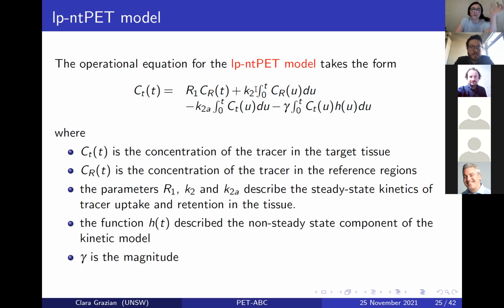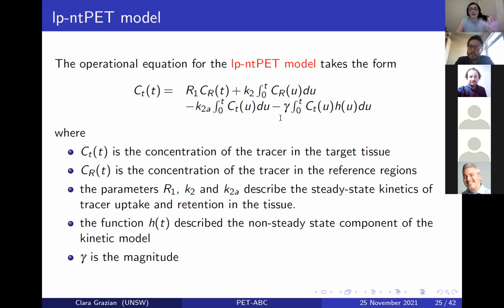Then there are three parameters, R1, K2, and K2a, describing the kinetics of the tracer in the tissue. And then there is a function h describing the non-steady-state component of the kinetic model. The magnitude of this component is given by the parameter gamma.